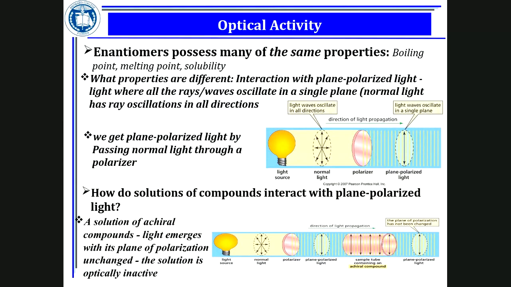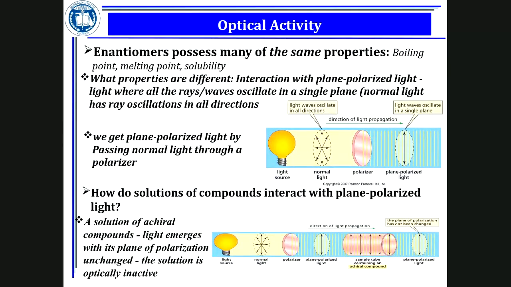You have the light source coming in, and if I have two parallel filters, the light comes through one filter and it will pass through the other filter. When you say polarized light, it is light that moves only in one direction. So I have my filtered light that is moving only in one direction.